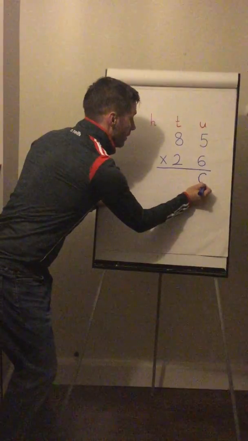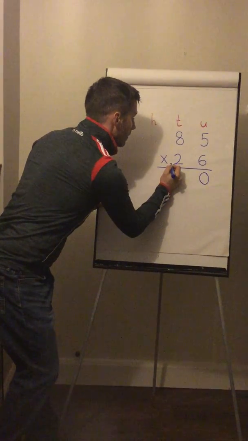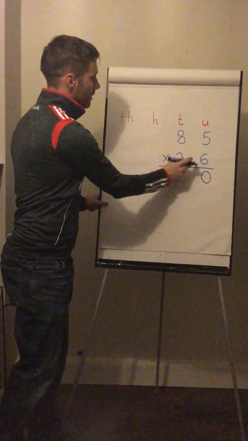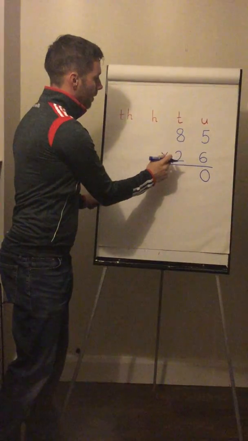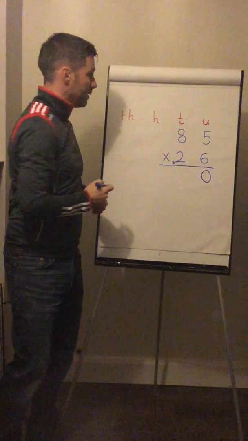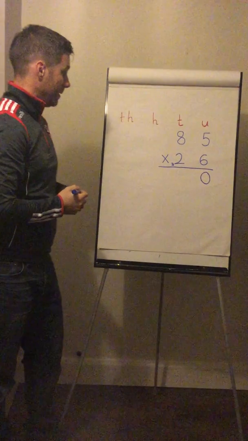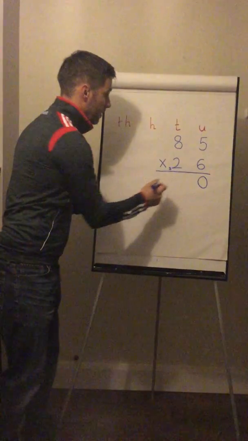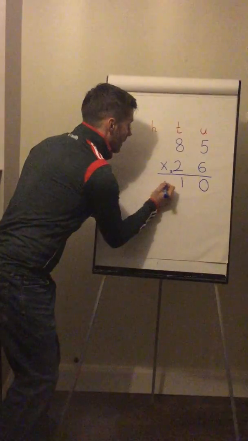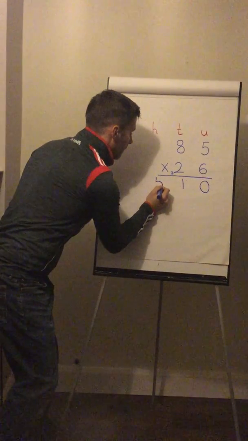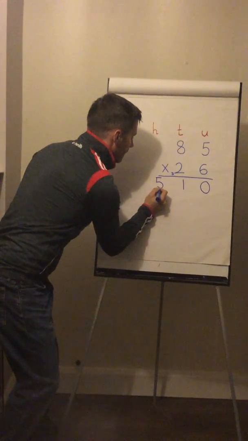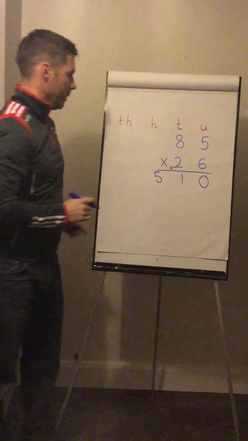Put your 0 units in your answer column. Carry your 3 tens. Move on to your tens. 6 eights are 48, plus 3 is 51 tens. That's the same as 510, so 1 ten and 5 hundreds. So I'll put my 1 ten in my tens column and my 500s in the hundreds answer column because we've nothing left to multiply up here.